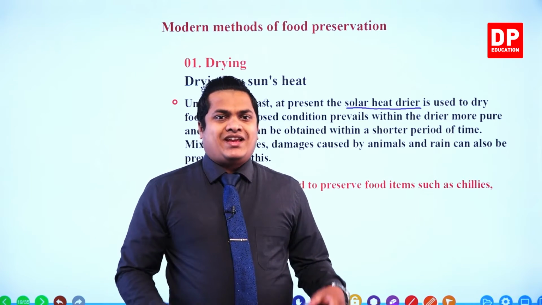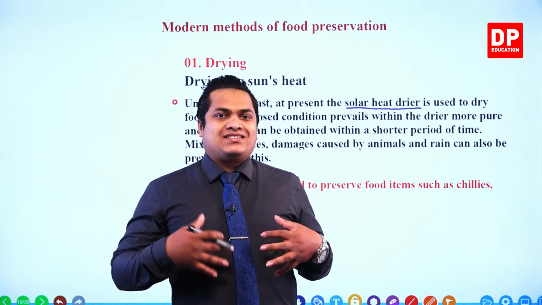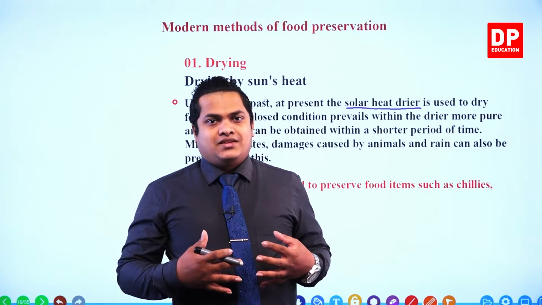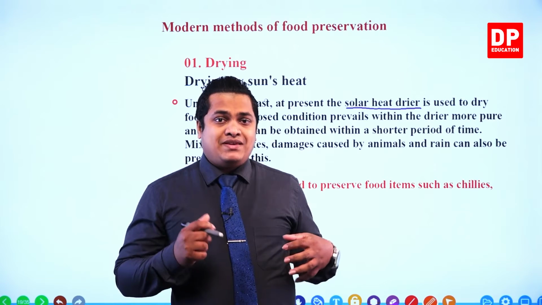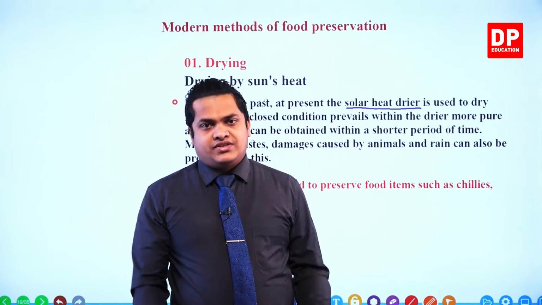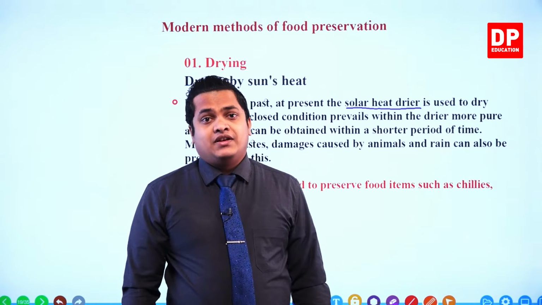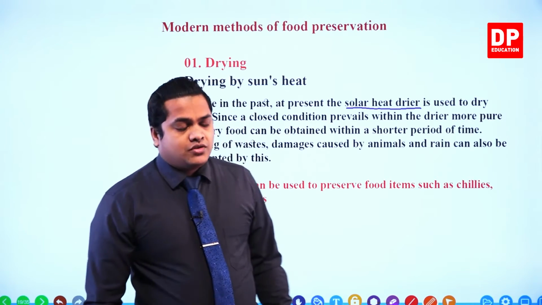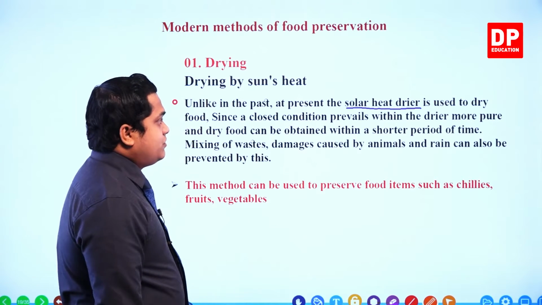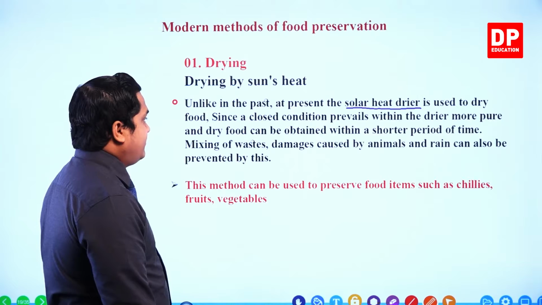Modern technologies and instruments especially accelerate the process. The drying process can be accelerated by using modern instruments and tools. That's the specialty of modern methods of food preservation. Here the instrument called the solar heat dryer is used to dry food.